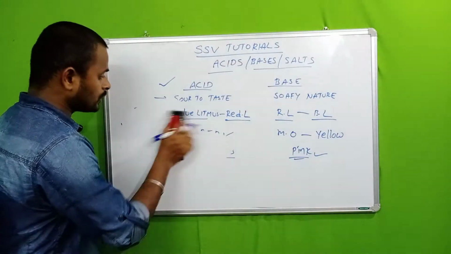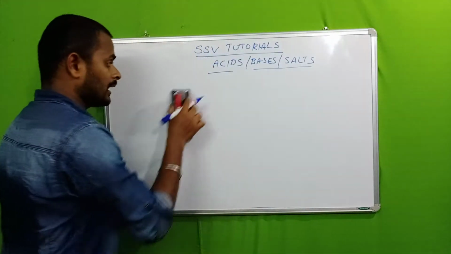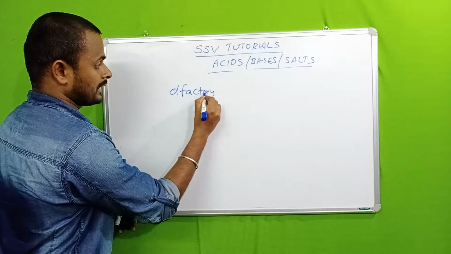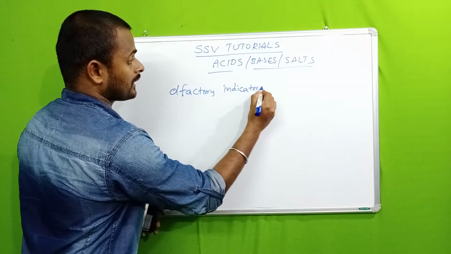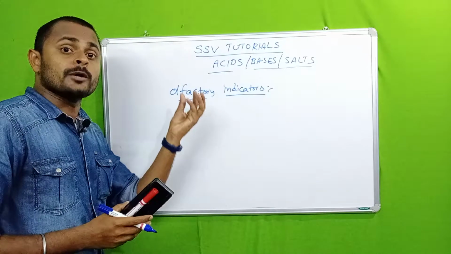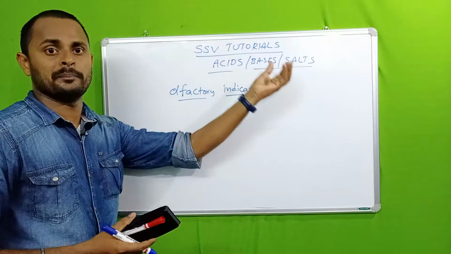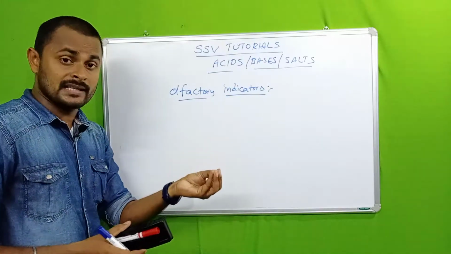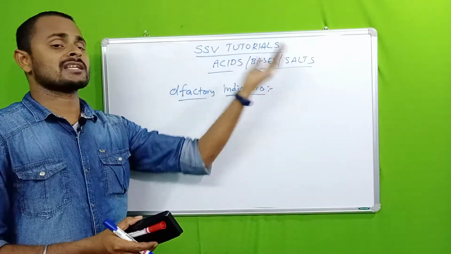Now we are going to some other kinds of indicators, called olfactory indicators. This is also important in 10th class. What is meant by olfactory indicators? They are substances used in the test of acids and bases by their smell. Some substances give different smells with the action of acids and with the action of bases.